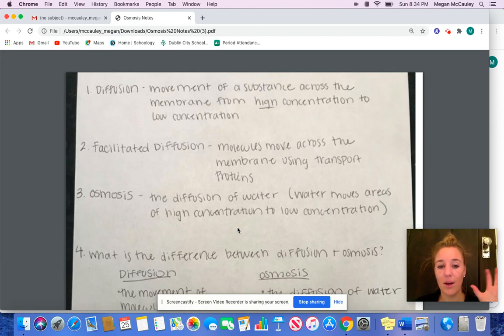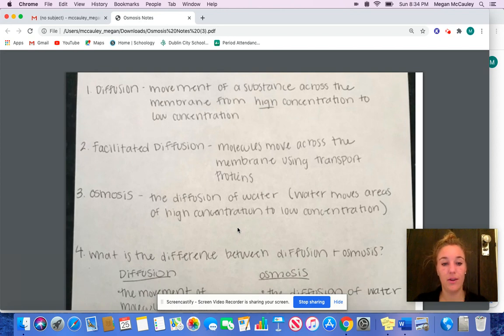Outside of the cell, there was a very high concentration of iodine in the beaker. It was a very yellow or auburn color. Inside the cell was a very low iodine concentration, right? It was just starch.